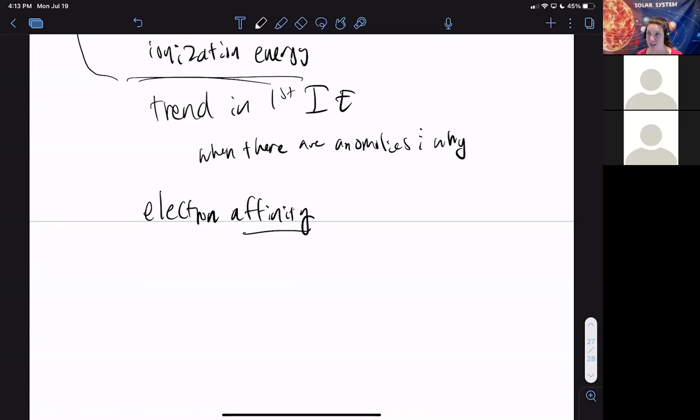Group 5A, nitrogen, is anomalous because we have a half-filled state and we're going to no longer have a half-filled state. Group 2A generally has positive electron affinities because we're going to add into a new subshell. So keep in mind where anomalies exist in electron affinity and why they exist.